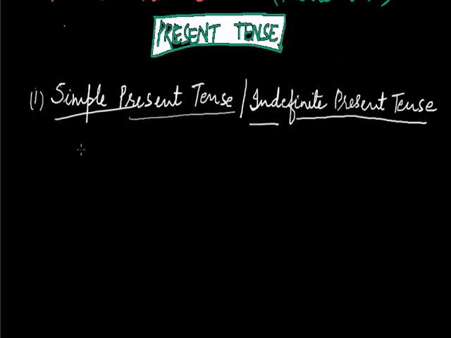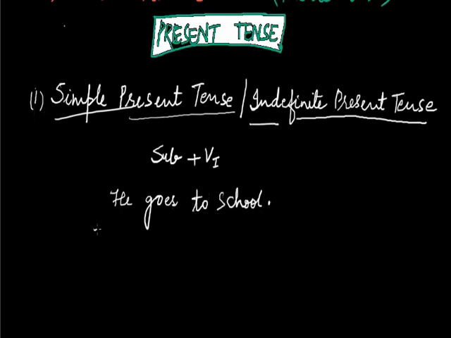The simple formula for writing a sentence in simple present tense is subject plus first form of verb. For example, he goes to school. The sun rises in the east.